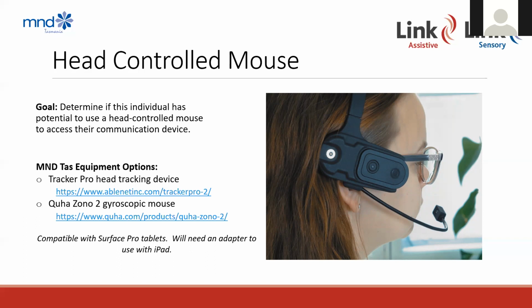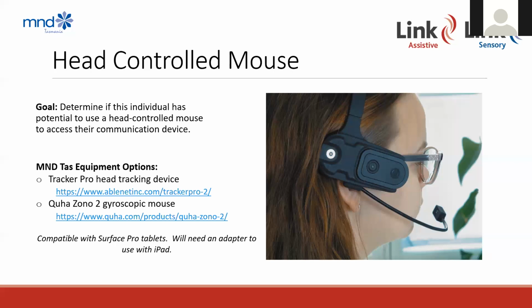There are two equipment options available for head-controlled mice: the Tracker Pro and the QHA Zono. They work in slightly different ways, but essentially they require the same sorts of skills in terms of postural and head control to be able to use those options.